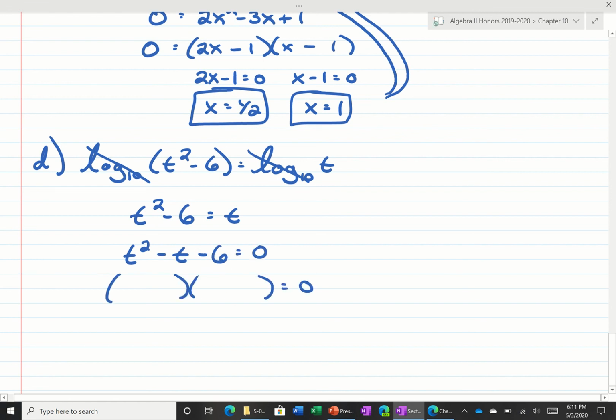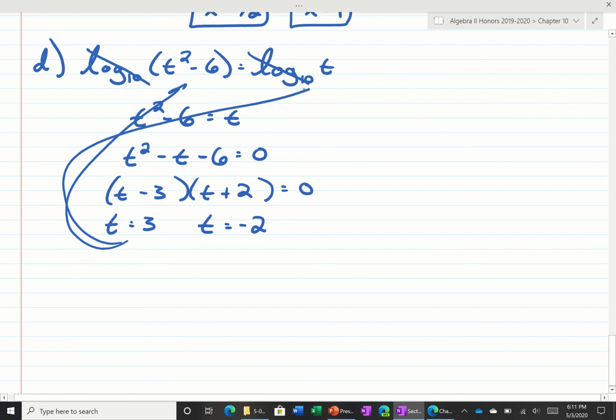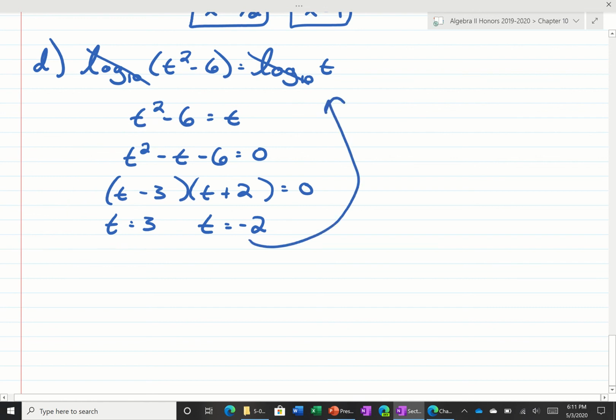Factor. We get that t is 3, t is negative 2. Now if we go to check our answer, if we plug in 3 works for both of these, but we can't use negative 2 because that tells us we're taking the log of a negative number, so that's extraneous. This would be our only answer.